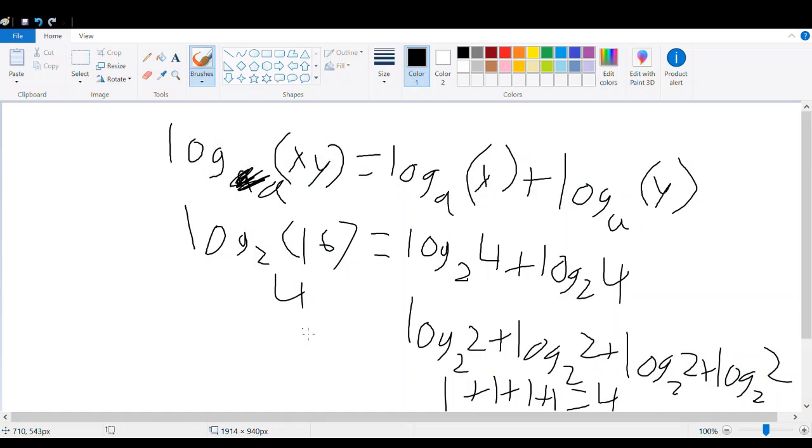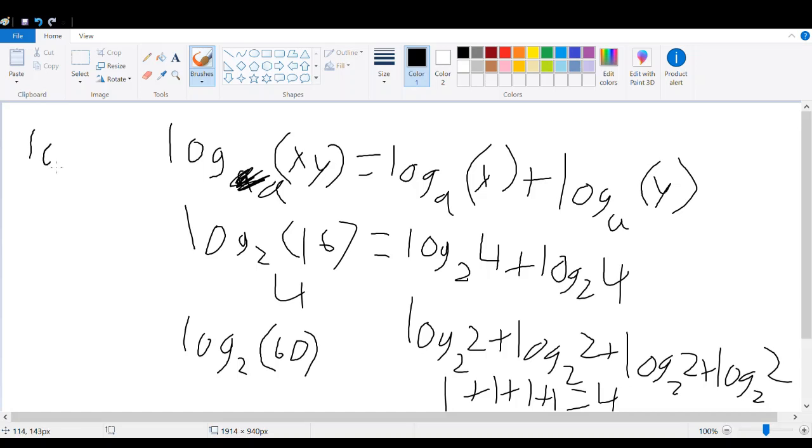And this comes in handy when we have something like log base 2 of 60, let's say. It says write this in terms of log base 2 of 15.